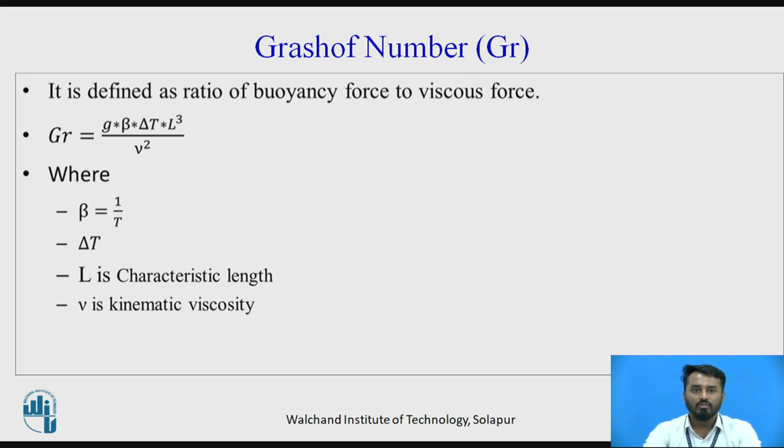So the Grashof number is defined as the ratio of buoyancy force to viscous force. The dimensionless number is given by g beta delta T L cubed divided by nu squared, where nu is the kinematic viscosity of the fluid.